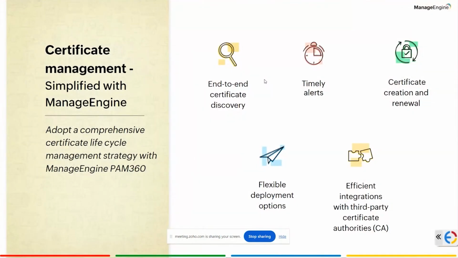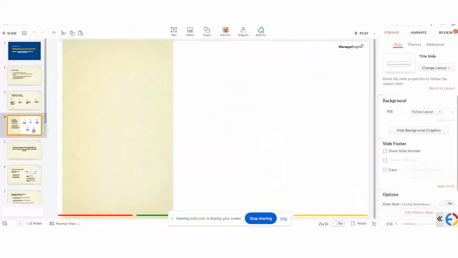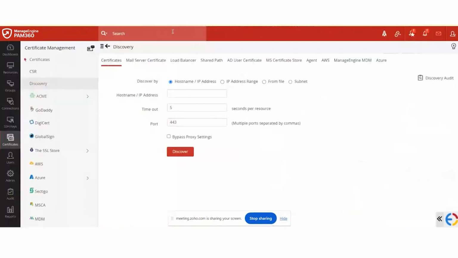So let's quickly dive into a live demo where I can showcase the features and walk you through the process of using PAM 360 for your SSL certificates lifecycle management.